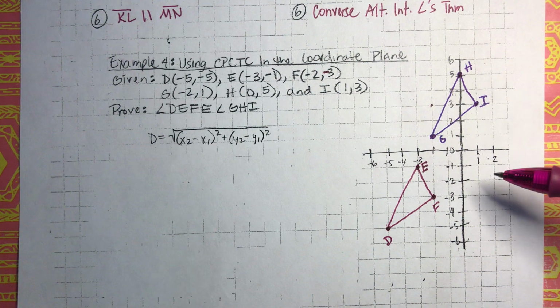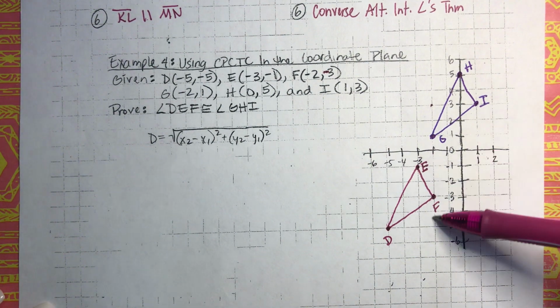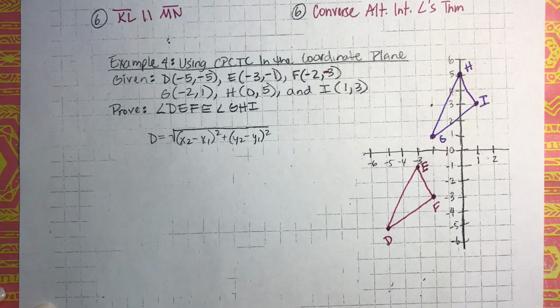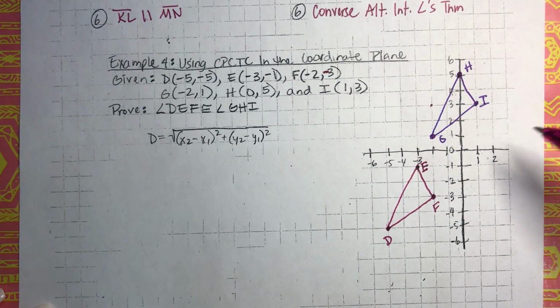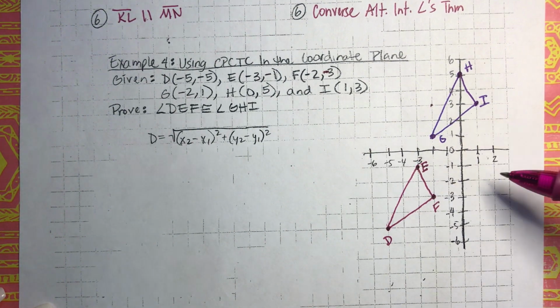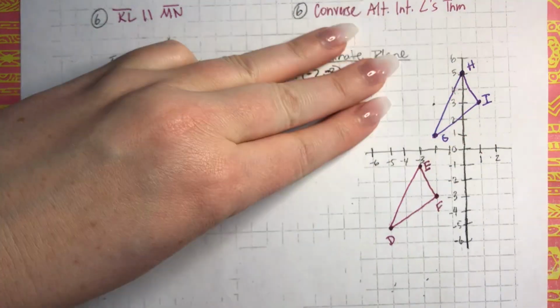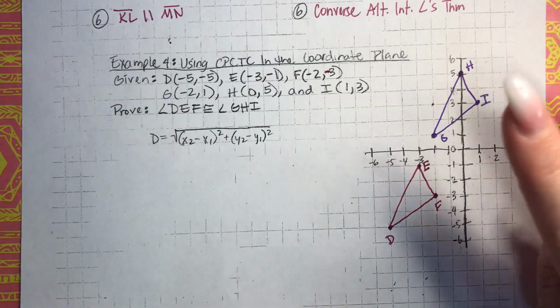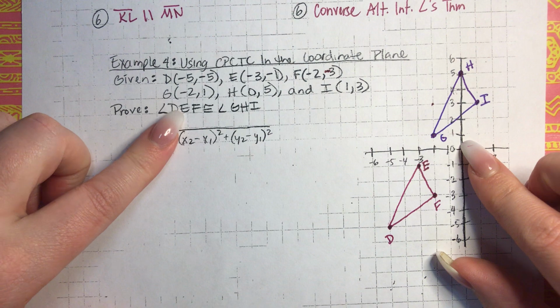So we're going to have to do 6 distance formulas. From those 6 distance formulas, we're going to be able to prove that this triangle is congruent to that triangle by side to side. And then because those two triangles are congruent because of side to side, right? We know 3 pieces of information. That side to side unlocks the other 3 pieces of information, which just happen to be the angles, which is what we need to prove.